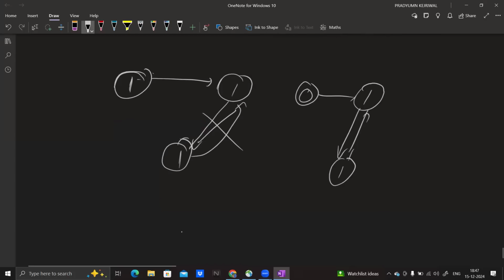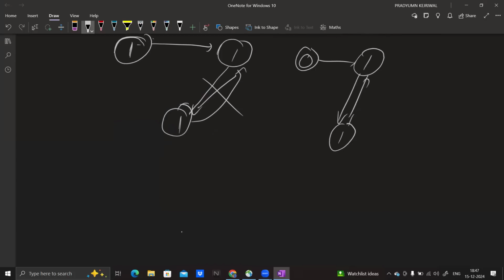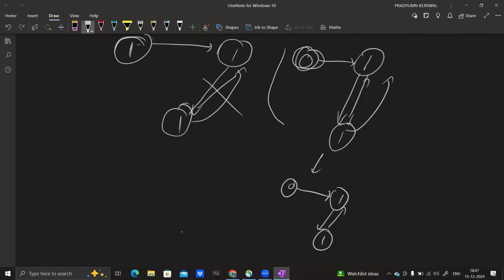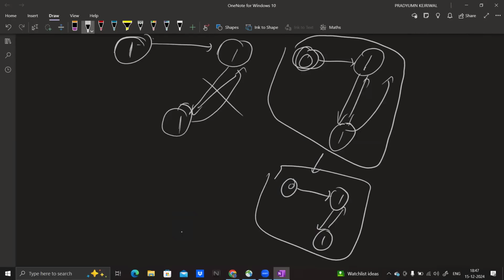Now in the next year, the first one doesn't have anything to give, so he won't give. And the other two give to each other, so it will be the same thing: 0, 1, and 1. Since after the exchange it is the same, we say that it is stable.